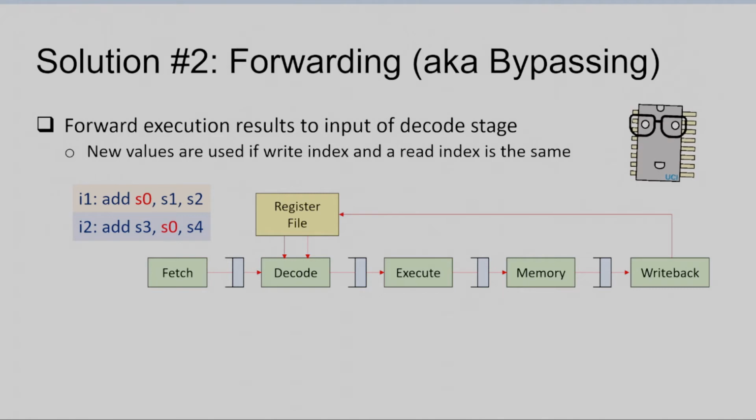So the second solution is forwarding, also called bypassing. In the forwarding method, we introduce a combinational path from the execute stage to the decode stage, so that the execute stage can, within the same cycle, forward its results to the input of the decode stage.